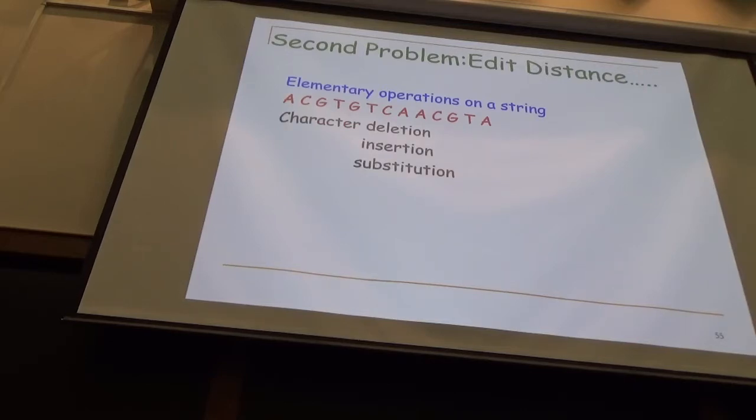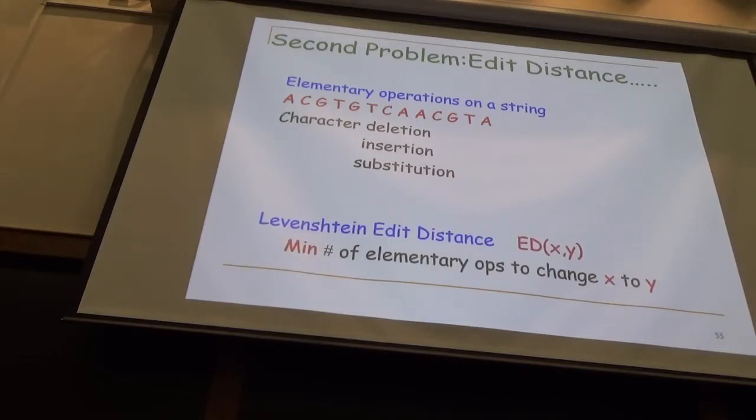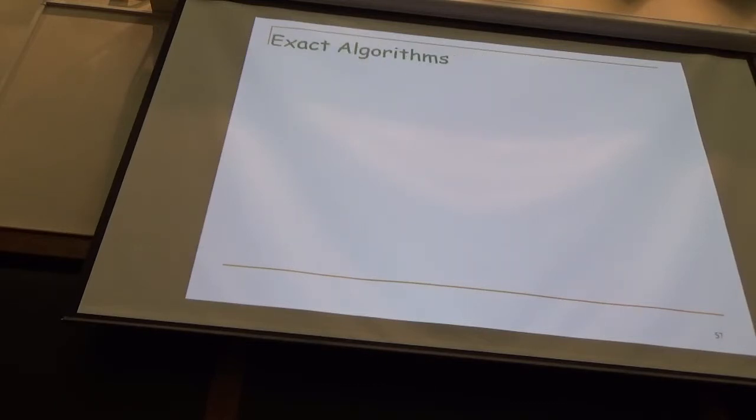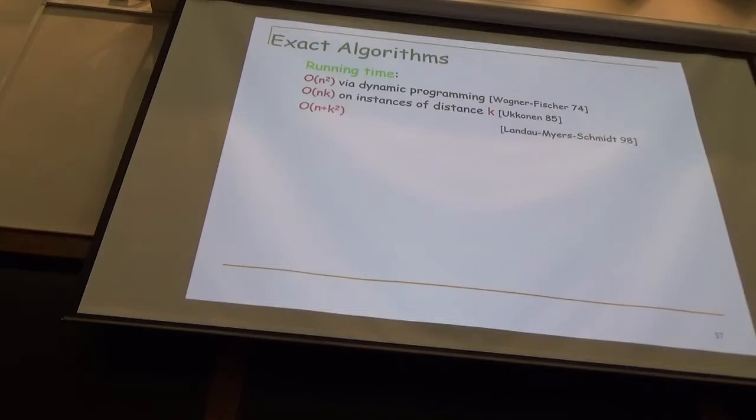You have elementary operations. You pay 1 for a deletion, insertion, or substitution on a string. And the edit distance is the minimum number of elementary operations to change x to y. For exact algorithms, there are a bunch of algorithms known, the order n squared dynamic program.